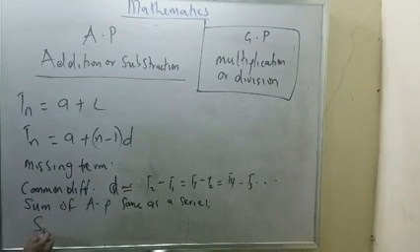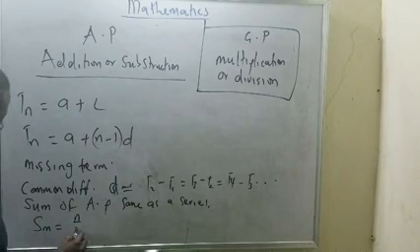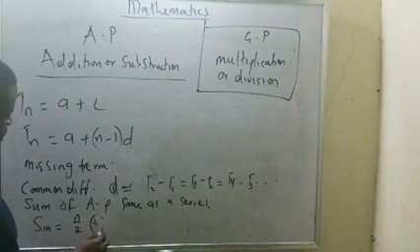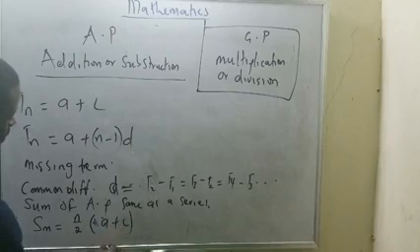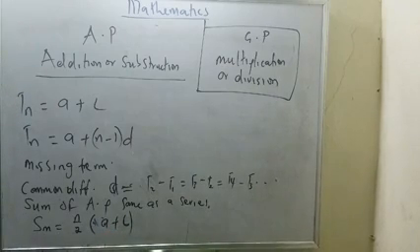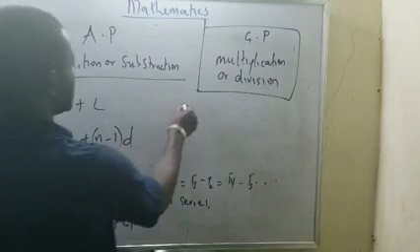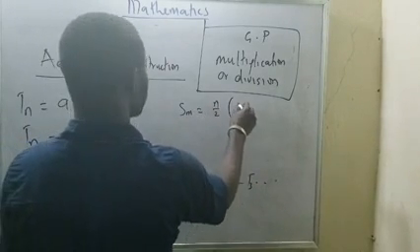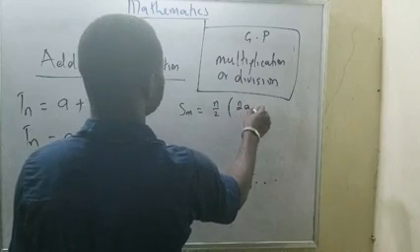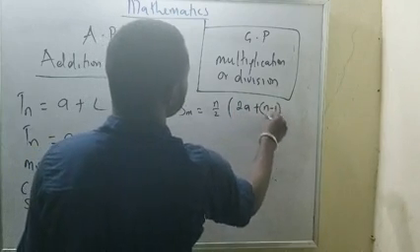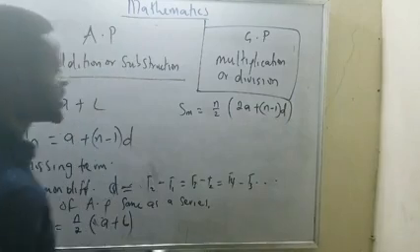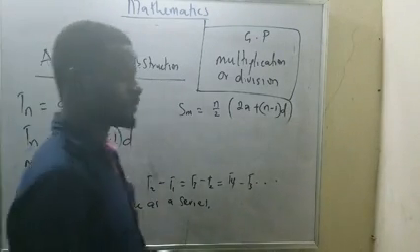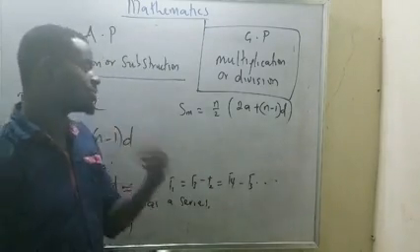It means my sum will be equal to n over 2 bracket of A plus last term. Which I now continue by having sum equals n over 2 bracket of 2A plus n minus 1 bracket of D. That is sum of AP. And I'll give an example on each of them. That is all about this video.